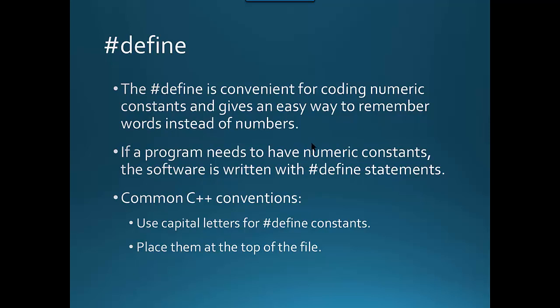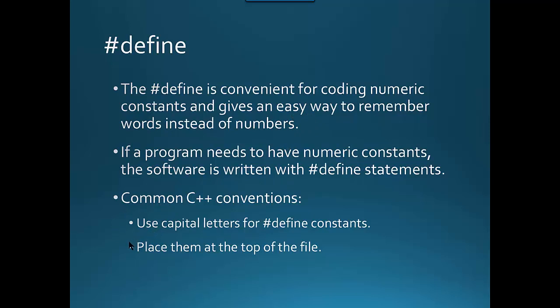And then in your code, rather than saying, for example, that the area of your circle is equal to 3.14159 times radius to the power of 2, it'd be easier to say that it's PI times the radius squared. So you use define directives when you can.